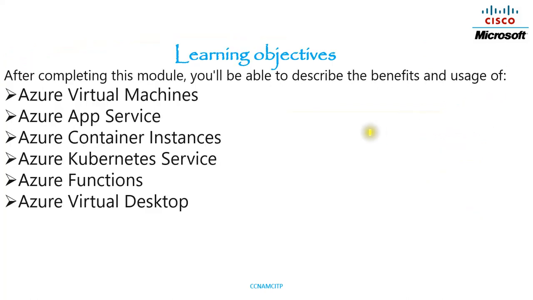Once we are done with this video, in the coming videos I will be covering all those things one by one: Azure virtual machine, Azure App Services, Azure Container Instances, Azure Kubernetes Service, Azure Functions, and Azure Virtual Desktop. These are the topics we are going to learn one by one.